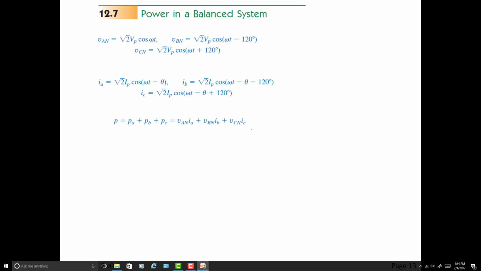Now the power, the total power in the system, is the sum of the three individual powers, which are what? Simply the product of the respective terms here. The product of this voltage with that current, this voltage with that current, and that voltage with that current.